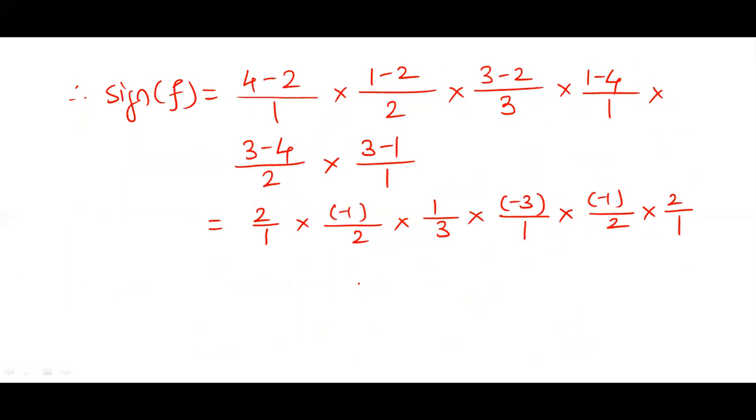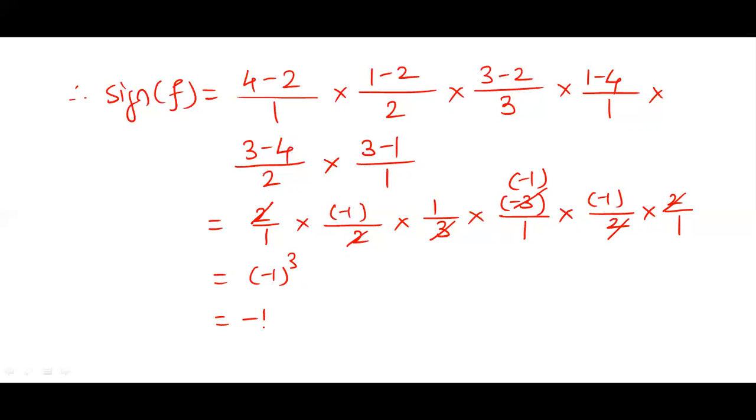Okay. Here you can see that some terms are cancelling. This 2 will cancel with this 2. This 2 will cancel with this 2. This 3 will cancel with this 3 and remains minus 1. So you can see that here we have product of -1 3 times.